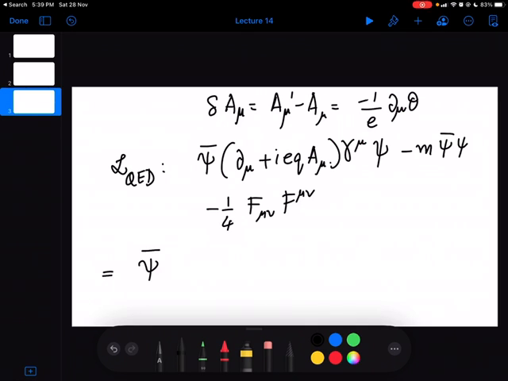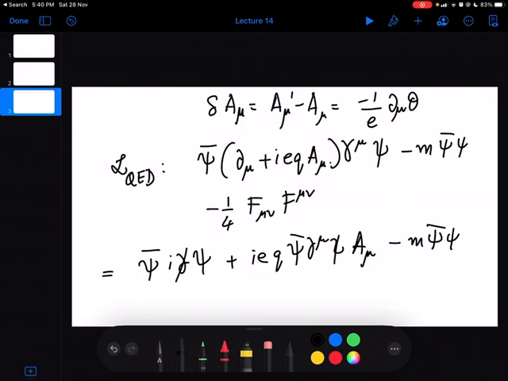If I expand it, I have psi bar i del slash psi, minus e q psi bar gamma mu psi A mu, minus m psi bar psi, minus 1 by 4 F mu nu F mu nu.